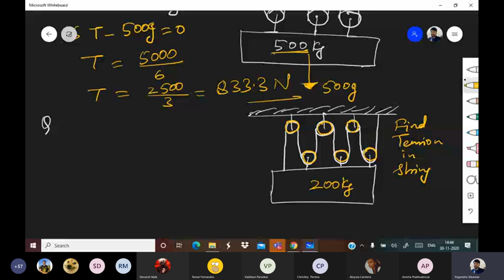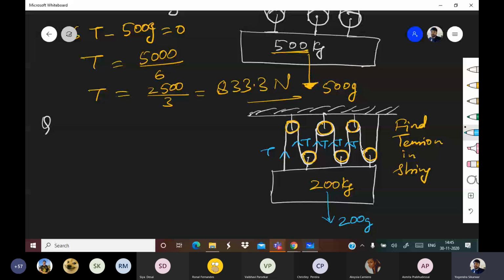Okay, everyone, please pay attention. 200G is acting downward and tension is acting upward, so T, T, T, T, T, T, T. Okay, so what we can see is 7T minus 200G, that is 2000, is equal to 0.